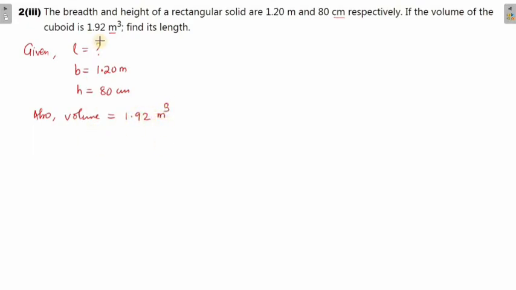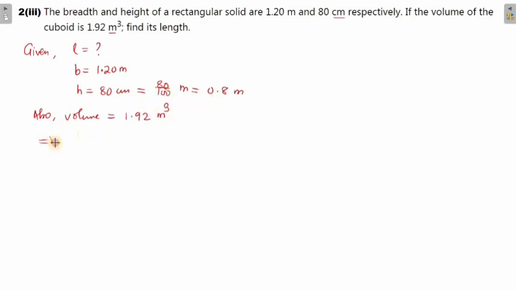Now the question is asking you to find length, but before that let's check the units: meter, and it's in centimeter. So better convert this into meter. If you want to convert centimeter into meter, you have to divide it by 100. So you get this equals 0.8 meter.